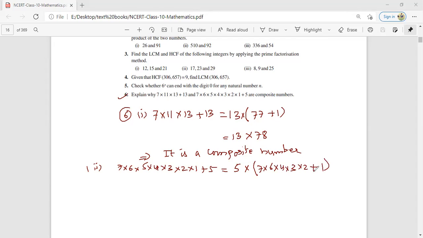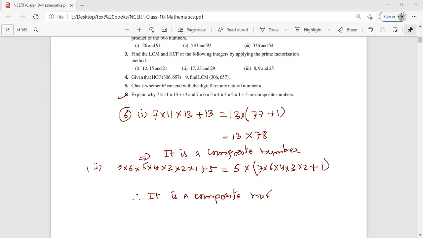Plus 5 is common. So obviously this will give one number. So it is written in the form of the product of two numbers. If you leave it here also, no problem. You can say that here it is proved that it is a composite number, because it is the product of two numbers other than one.